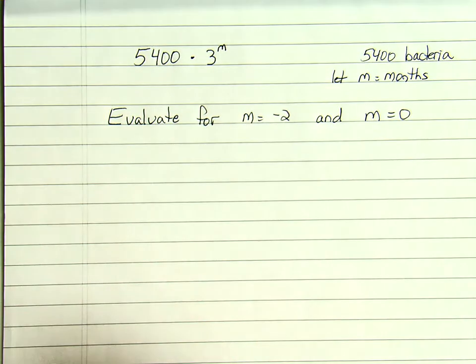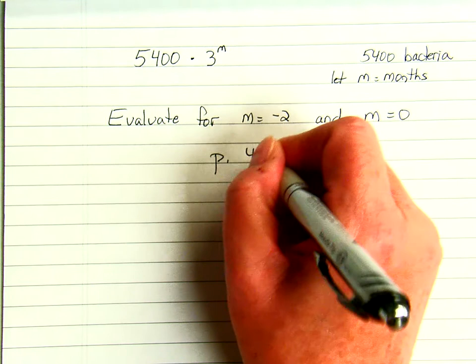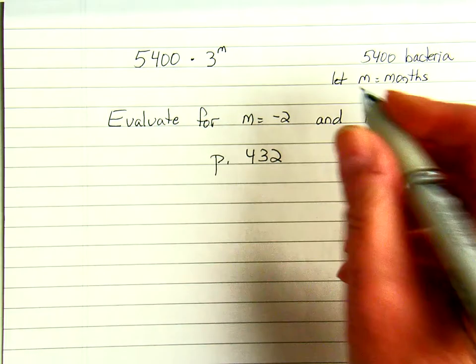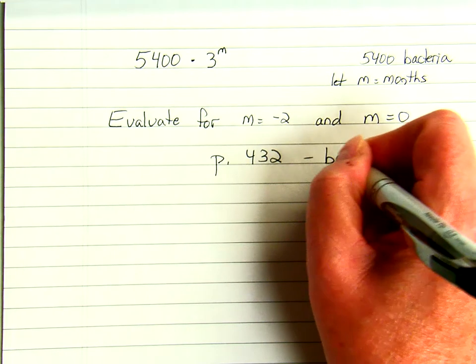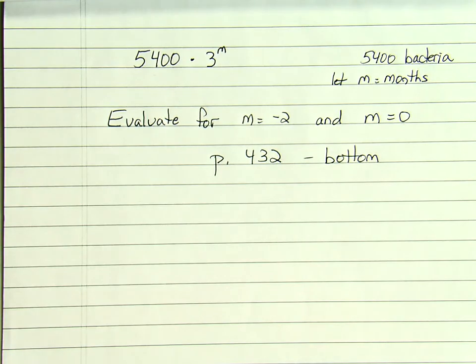Now, this word problem is on page 432 of your book, at the bottom of the page. So if you want to follow along with the wording, maybe re-look at the words and compare what we're doing here with the words that they are talking about.